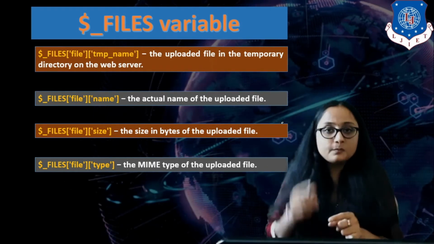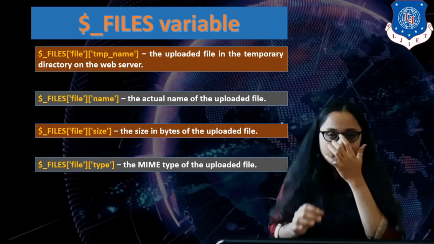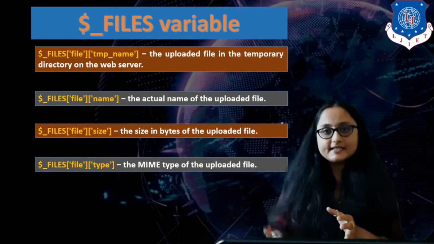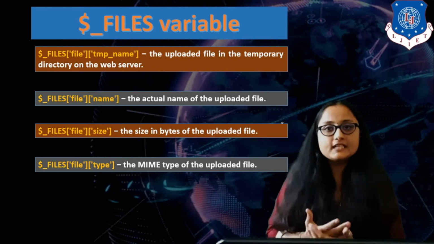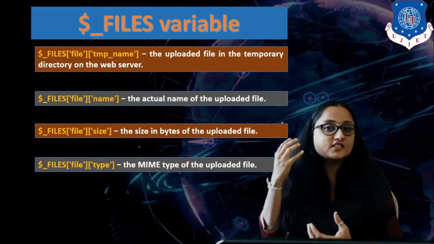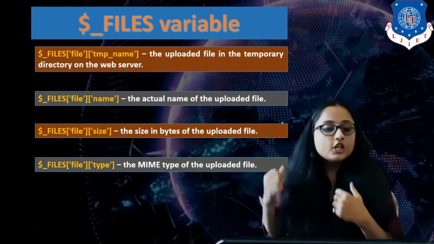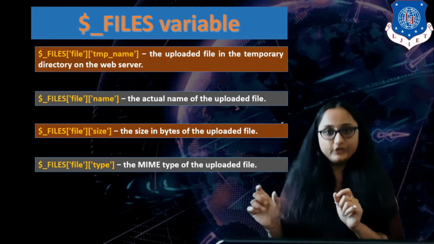But once you upload this file on the server, the extension that the server accepts is known as a Mime type. So that is a special extension, you can say, and if you want to access this server extension of your file, you can use this variable, the type variable.